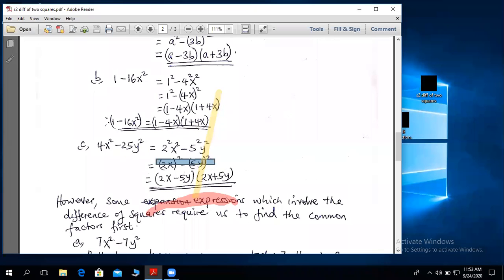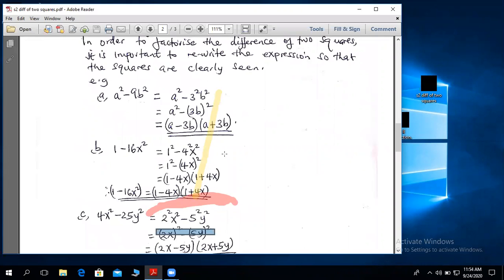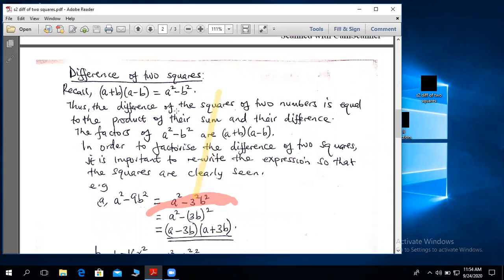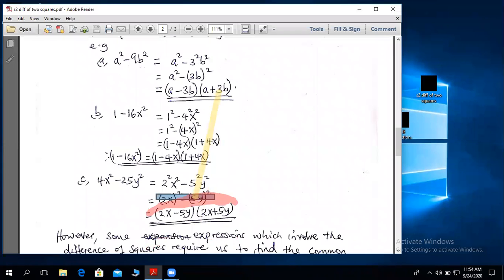So how will I deal with it? I go to the definition. The difference, the subtraction of squares of two numbers is equal to the product of their sum and their difference. So what is the product of their sum and their difference?